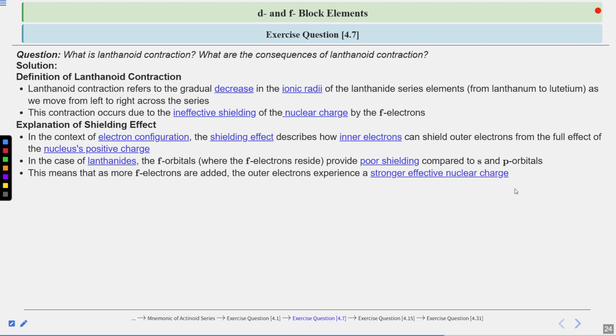This means that as more f electrons are added, the outer electrons experience a stronger effective nuclear charge. So because of the poor shielding of f orbitals, when you add more electrons in the f orbital, the electrons experience a stronger effective nuclear charge, due to which the size decreases with the addition of each electron.